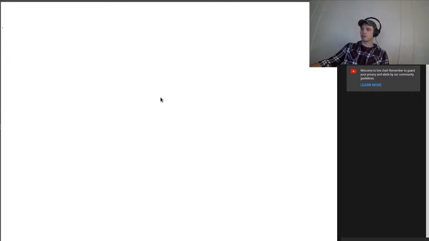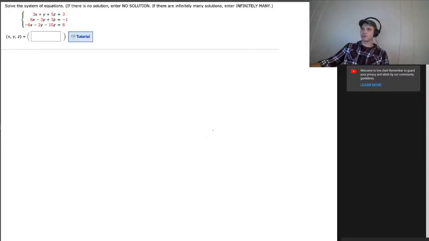That's the one we just did. Let's try this one. Okay, so here we need to solve the system. And this tells us that there's the option to have no solution and infinitely many solutions. So let's write this down in the coefficient matrix.